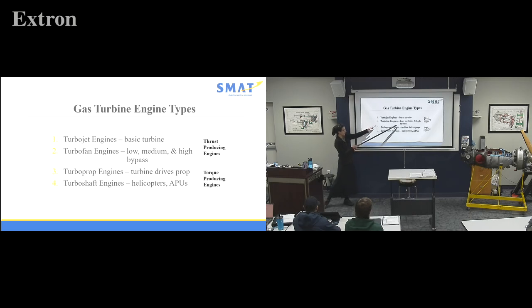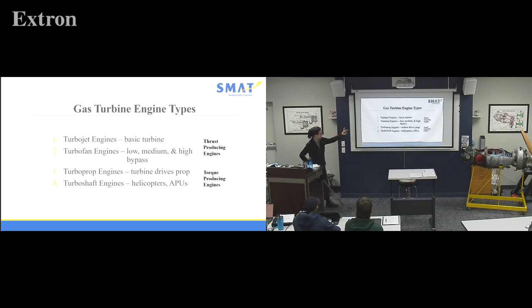Those are further classed as low, medium, or high bypass, and I'm going to talk about those differences. And then turboprop, just like it says, the turbine drives the propeller, like on our PT6. Turboshaft is used for helicopters and APUs. So that's our four different types.